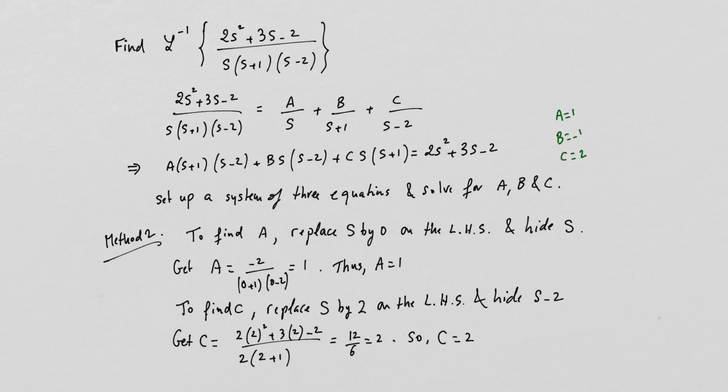Find inverse Laplace of 1 over s to the fourth. Well, you don't want to write it as a over s plus b over s squared plus c over s cubed plus d over s to the fourth, trying to use partial fractions correctly. Even if you use the shortcuts I showed you, why bother?